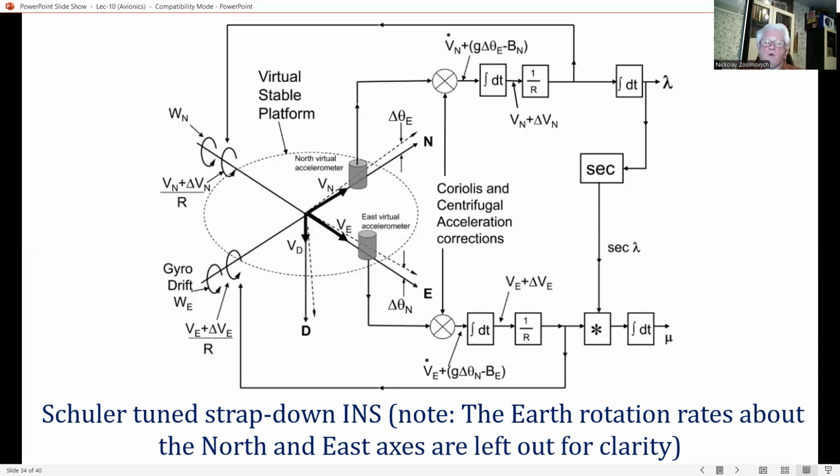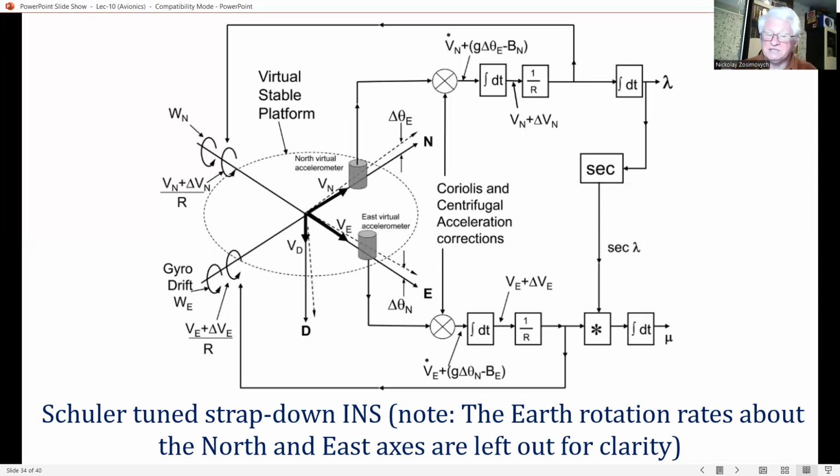The implementation of a Schuler-tuned strap-down INS and a stable platform INS are mathematically identical. The Schuler-tuned strap-down INS can thus best be explained and visualized by considering the system to have a mathematical model of a stable platform, that is, a virtual stable platform within the system computer.